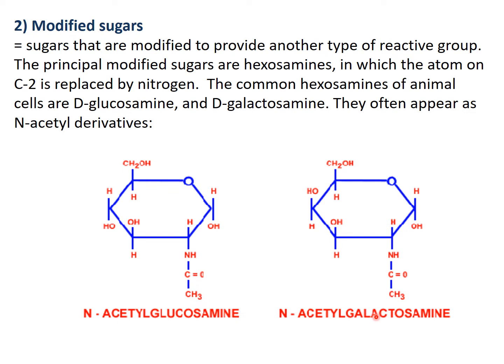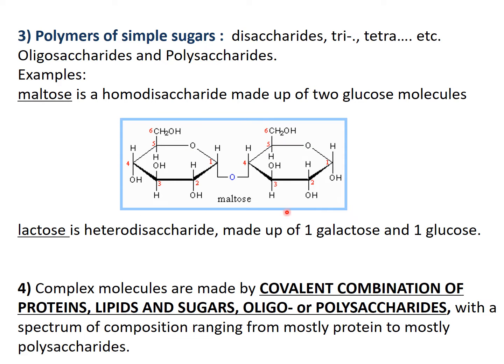So these two modified sugars, N-acetylglucosamine and N-acetylgalactosamine, are very frequent participants in the sugar units that are put on proteins, either in the form of glycoproteins or proteoglycans.